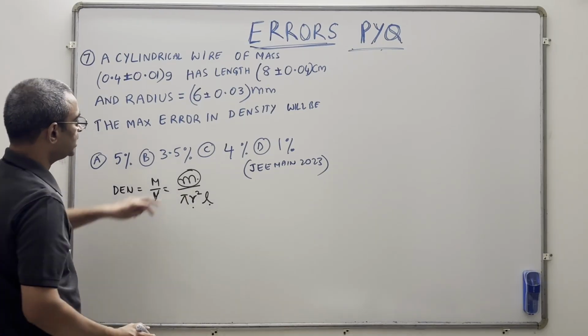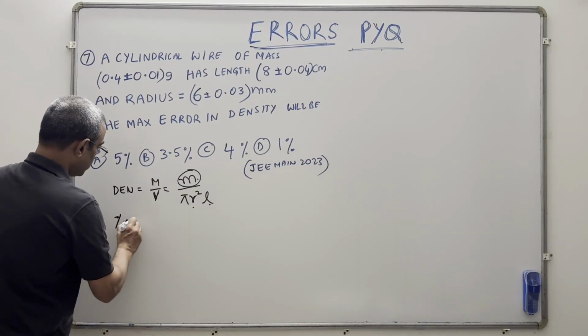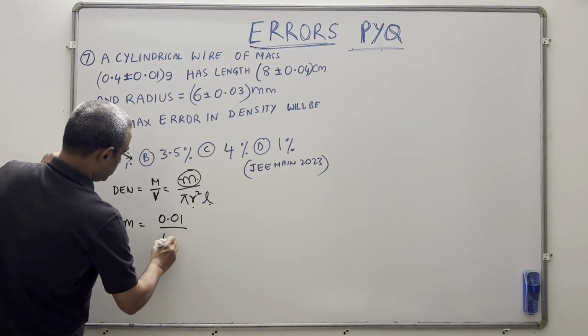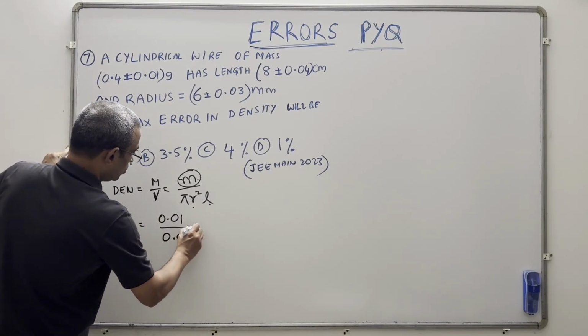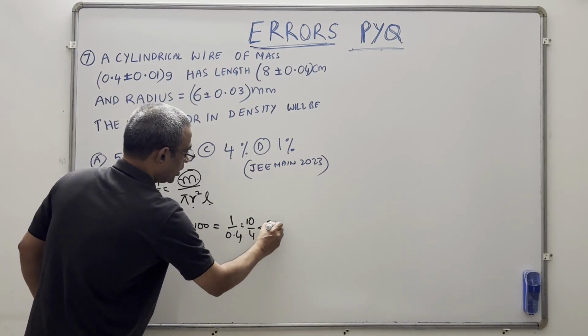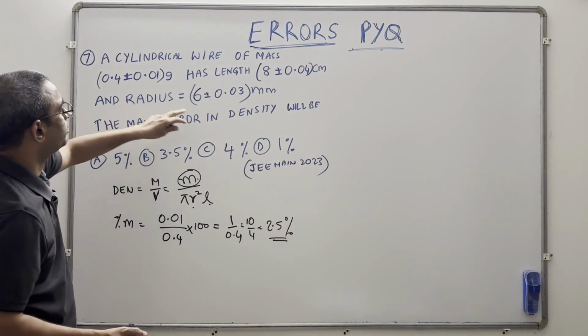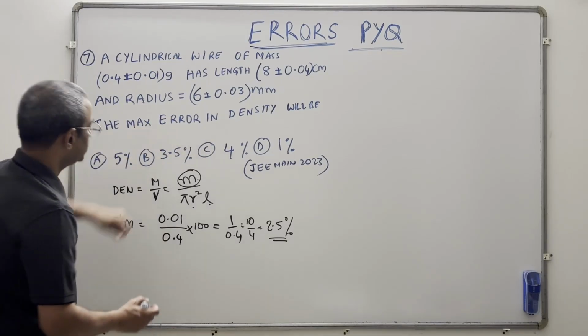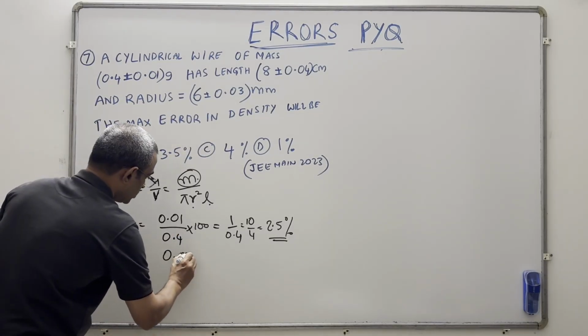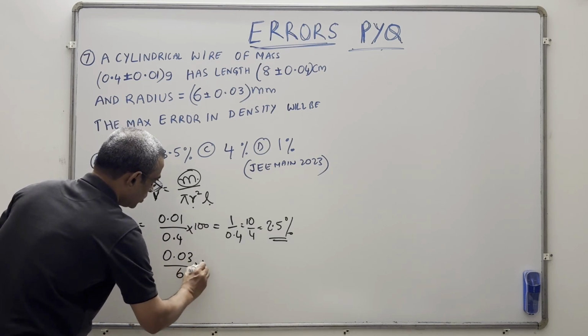Okay, so what is the percentage of error in mass? Percentage error in mass is equal to 0.01 by 0.4 into 100. So what do we get? 2.5%. Let's calculate the percentage of error in radius. Percentage error in radius is 0.03 by 6 into 100.